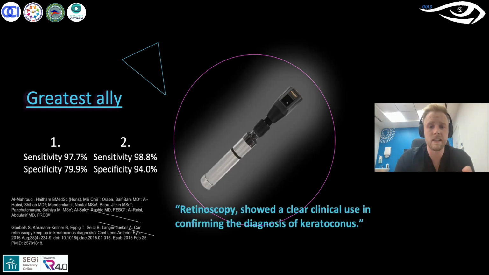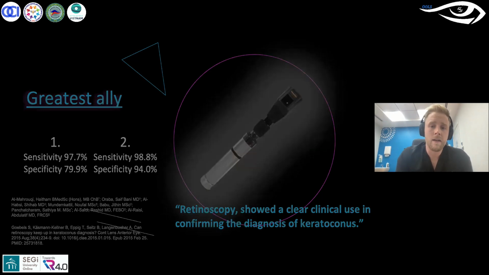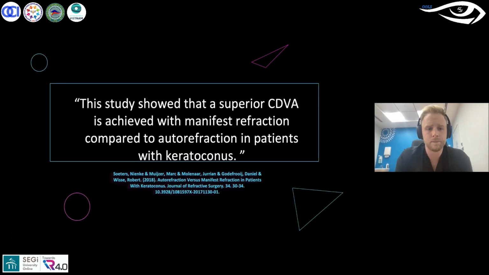And basically from the studies, retinoscopy showed a clear clinical use in confirming the diagnosis of keratoconus. If you have someone that maybe in the autorefractor is picking up a little bit of astigmatism, pick up the retinoscope and some lenses, and you'll quite quickly learn to pick up those higher order aberrations, as I said. Autorefractors have definitely some part to play.